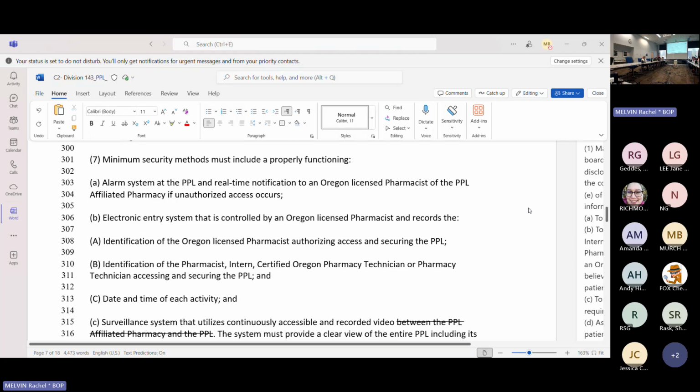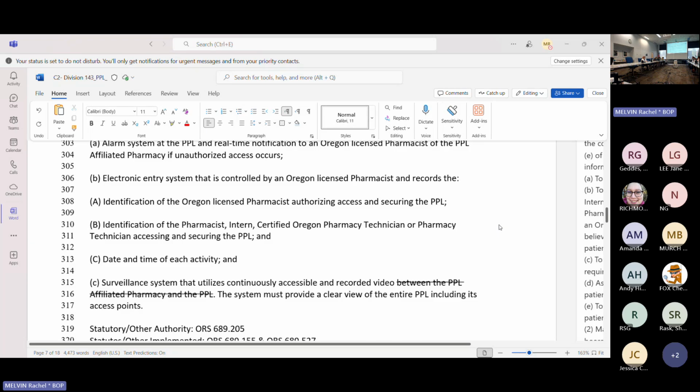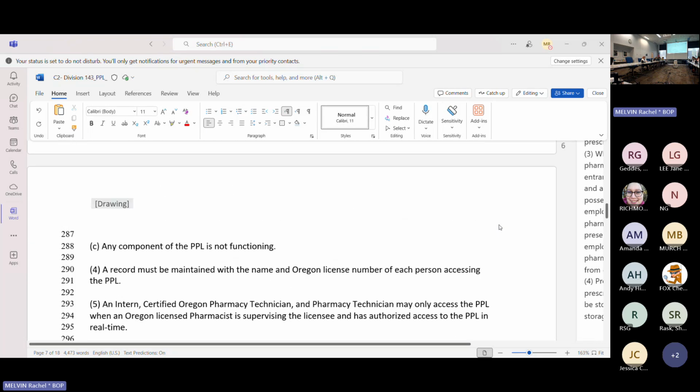An electronic entry system controlled by a licensed pharmacist records identification, authorizing access, who's securing the PPL, the identification of who's accessing. Yeah, I don't really have too much problem with the details here, but the C, any component of the PPL is not functioning part, might need to be fine tuned.